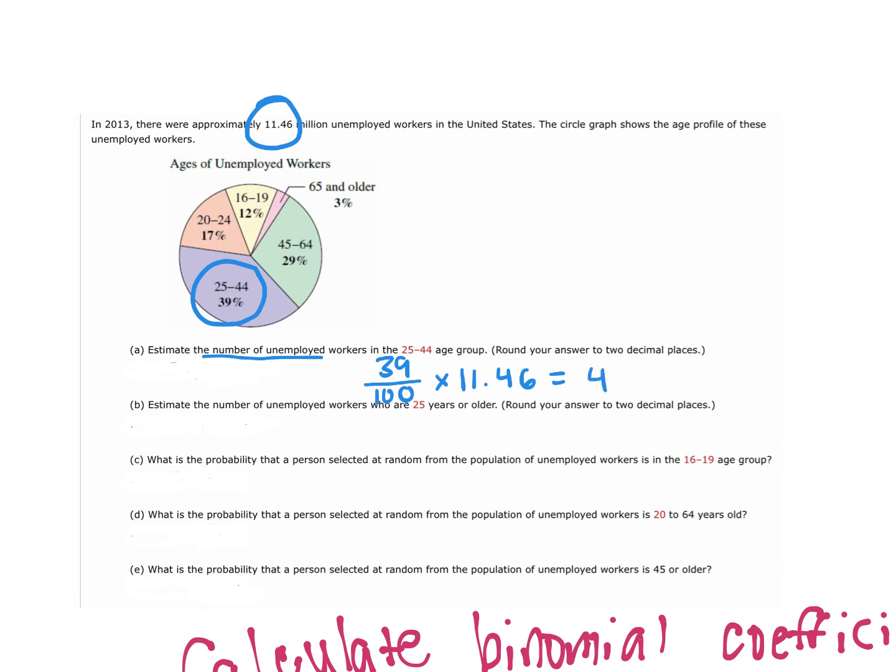That gives us 4.47. Now, it's not just 4.47 people. We are dealing with millions of people. So make sure you put your unit. Any questions there?